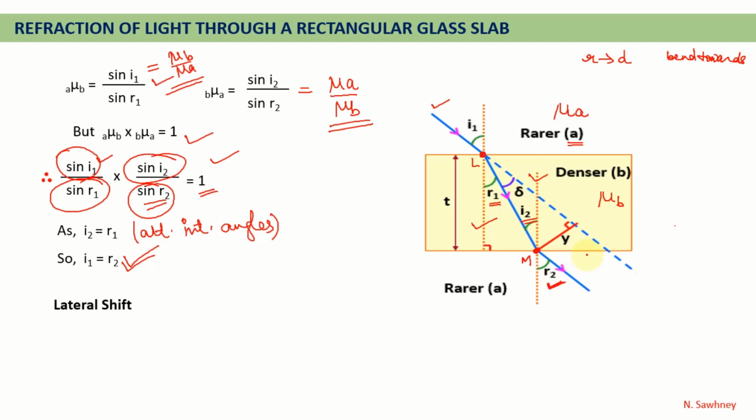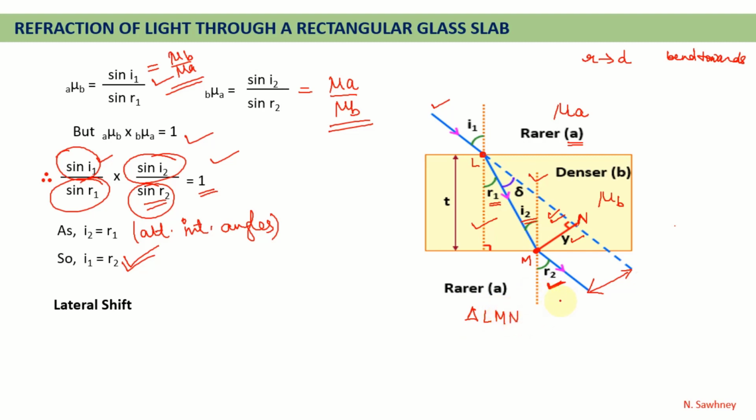So now we can find the lateral displacement of the ray on passing through the parallel slab. That is this. For this, let us draw a perpendicular on the original incident ray direction. Let it be represented by y, and let this be represented as N. Consider this triangle, triangle LMN.